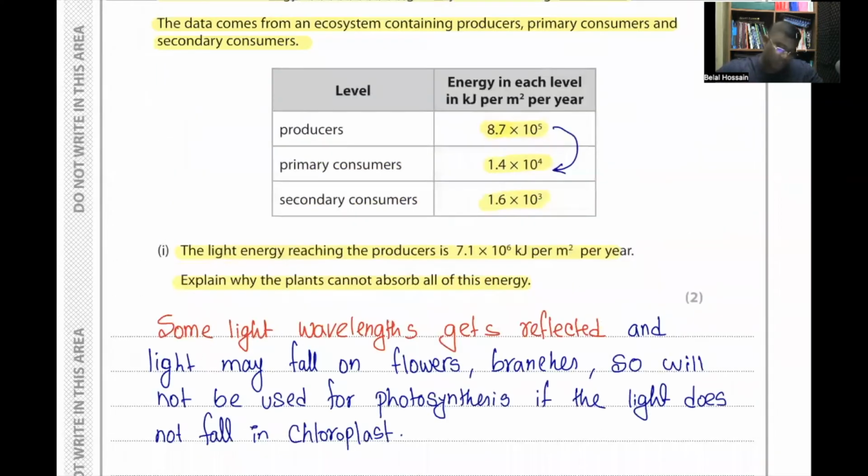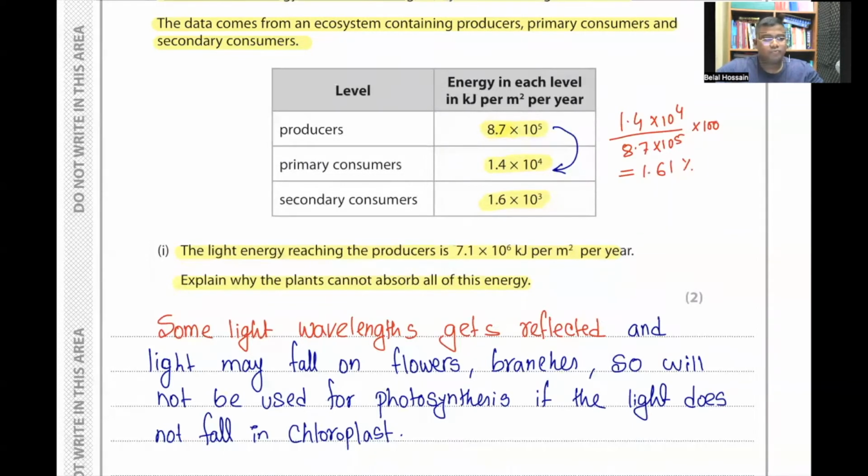Now we can see from producer to primary consumer, 8.7 × 10^5, and primary consumer 1.4 × 10^4. So if we do the math, we'll do it this way: 1.4 × 10^4 divided by 8.7 × 10^5 times 100, and that gives us 1.61 percent.